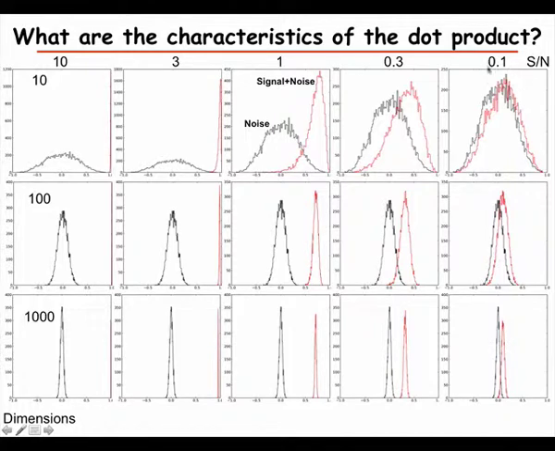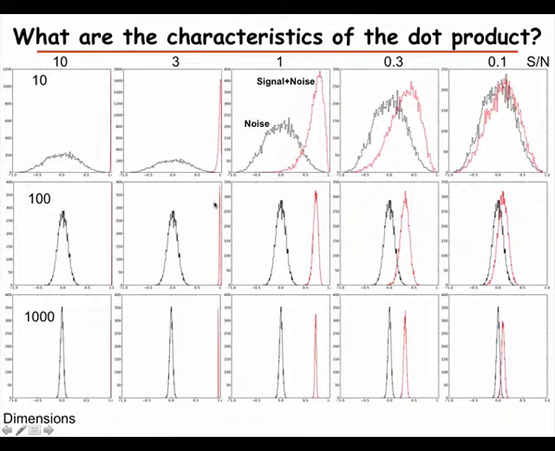And of course, when we decrease the signal even more, it will eventually overlap. So this behaves very well when we have 1,000 dimensions, and that's what we want.